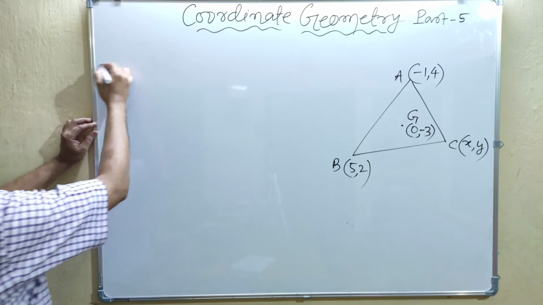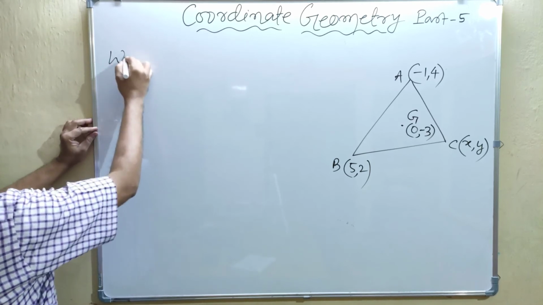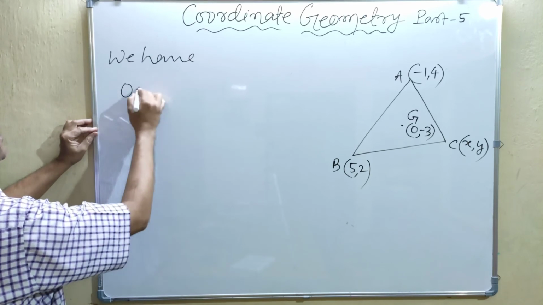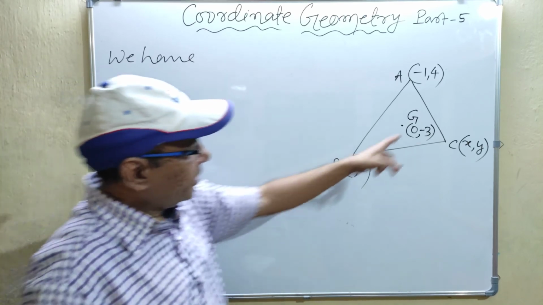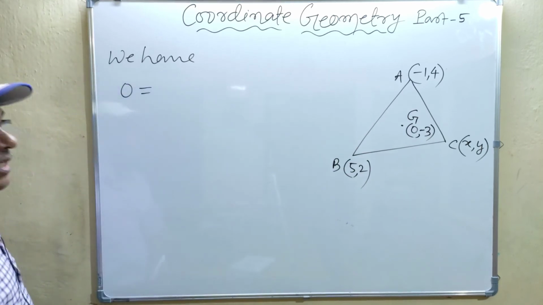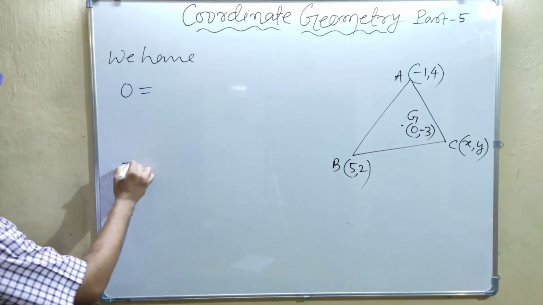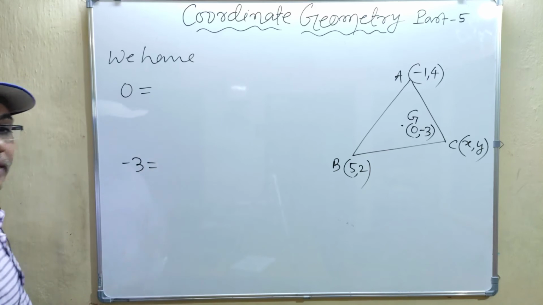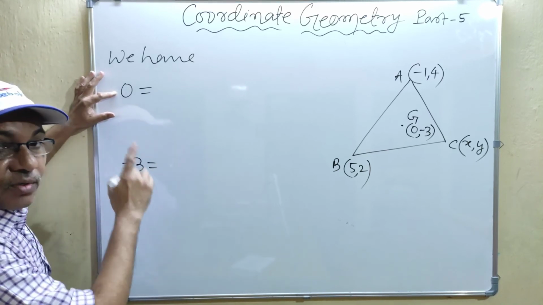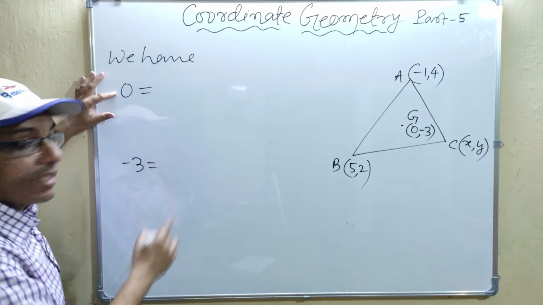We know the coordinate of the centroid is 0 minus 3. So 0 is the x coordinate of the centroid and minus 3 is the y coordinate of the centroid. As we know, the x coordinate of the centroid is x1 plus x2 plus x3 by 3.